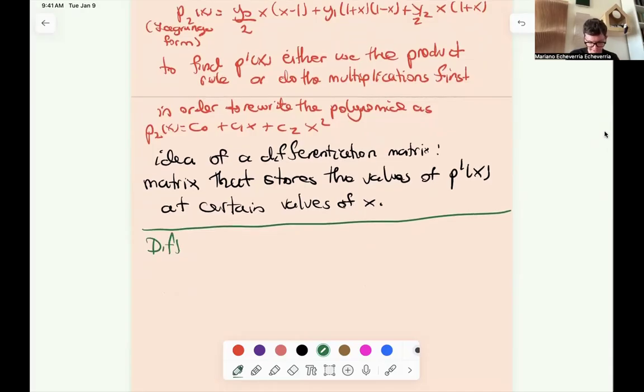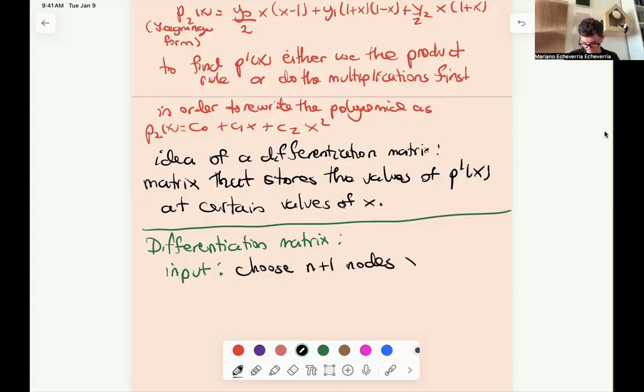So for the differentiation matrix, the setup, or the input, because we're trying to write it as an algorithm: you choose some nodes. Nodes are just the name for certain x values on the number line. So you choose n plus one nodes, which I'm calling x0, x1, up to xn.